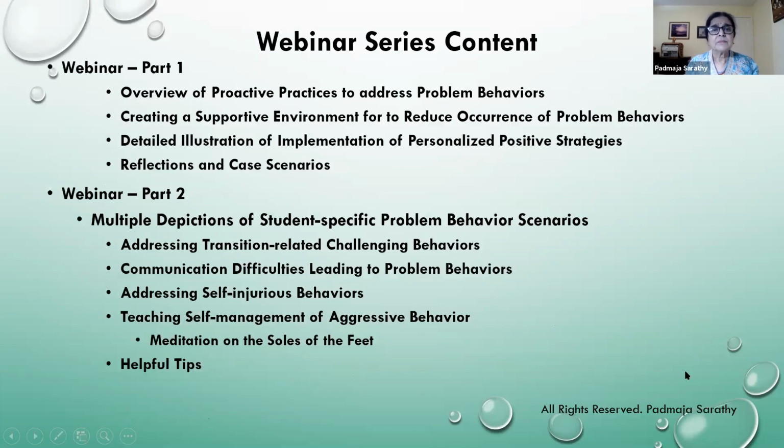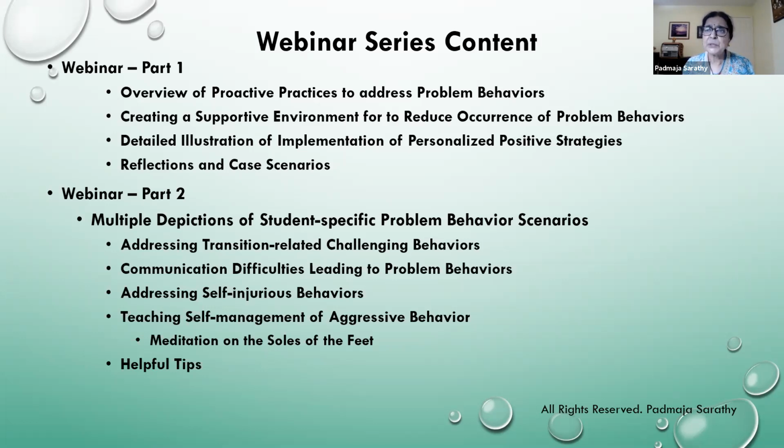So in this webinar today, we are looking much more at proactive practices. We are going to be focusing on how we create a supportive environment and what it looks like, so that it reduces those problem behaviors, possibly before they escalate. And then we will be looking at the personalized, positive, proactive strategies, replacement behaviors, and maximizing the rewards in one specific case and also in another related case example.